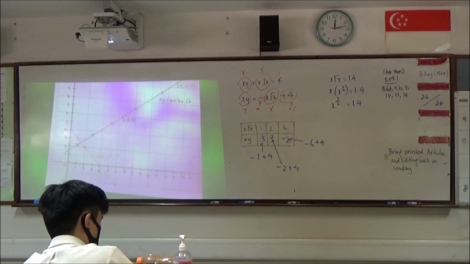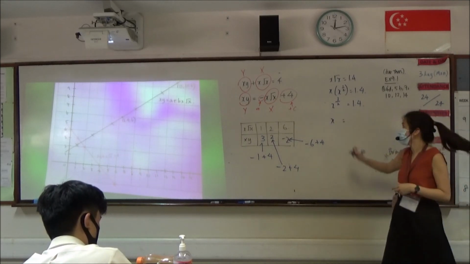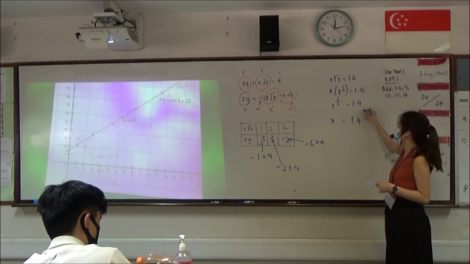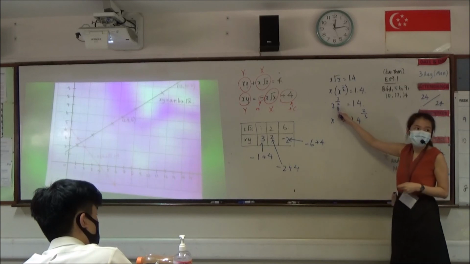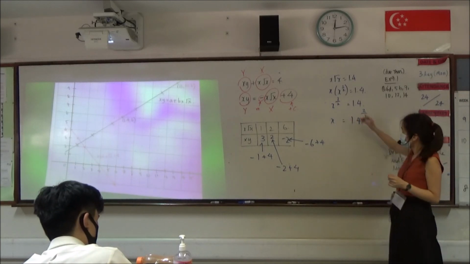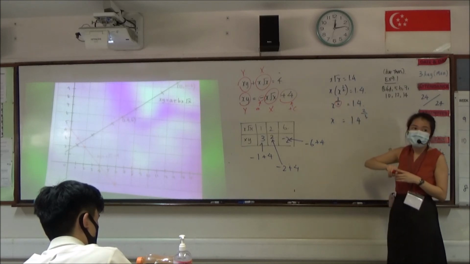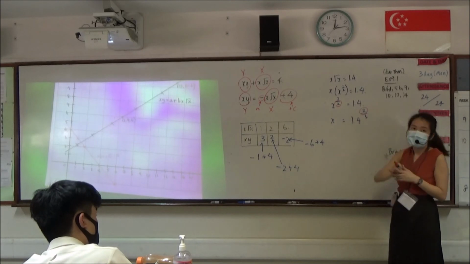Okay, then to find out what is x, that means it is 1.4 to the power of 2 over 3. Because to get rid of the over 2, that means a square root. Over 2 here describes a square root, so to do the opposite of square root, we do a square.